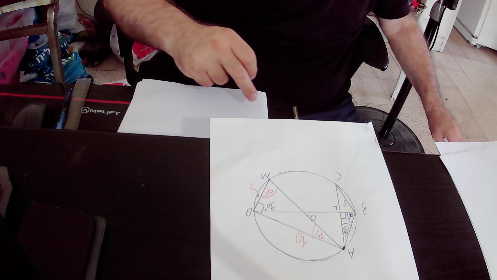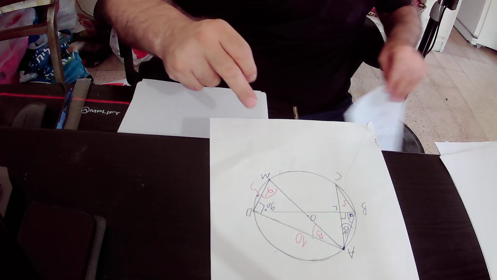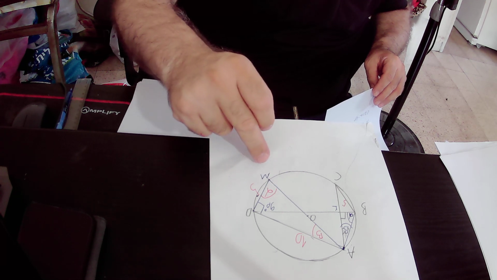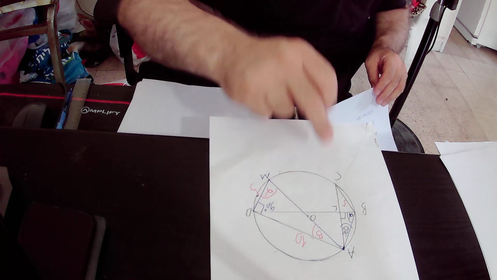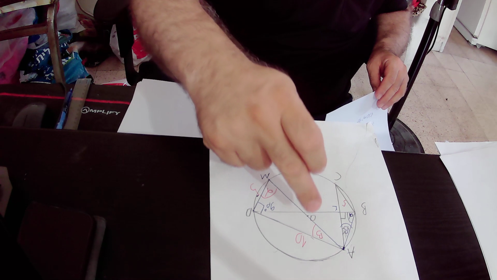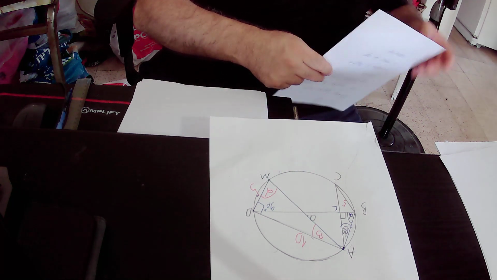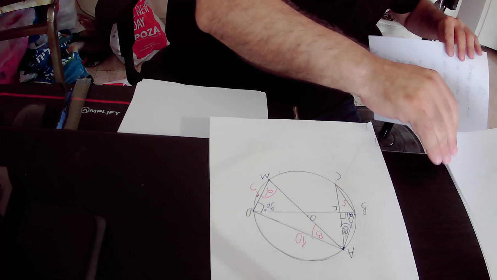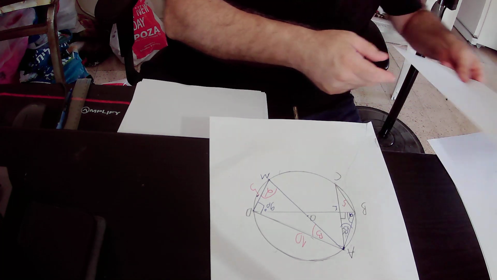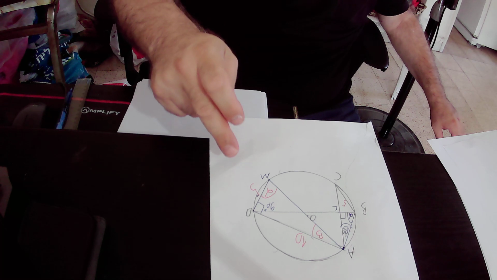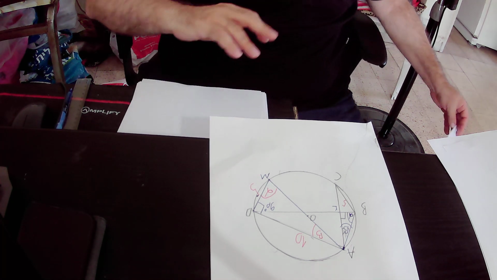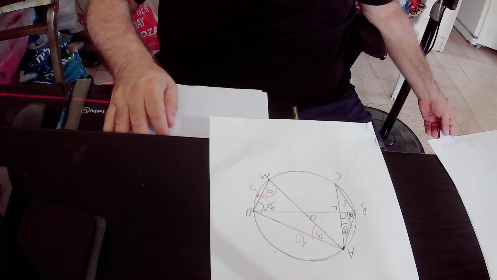Then we define the angle AMD as alpha, and we define angle MAD as beta in the right triangle AMD. And we also know that in the right triangle AMD, the sum of the angles equals 180 degrees. It's true for every triangle in the world.